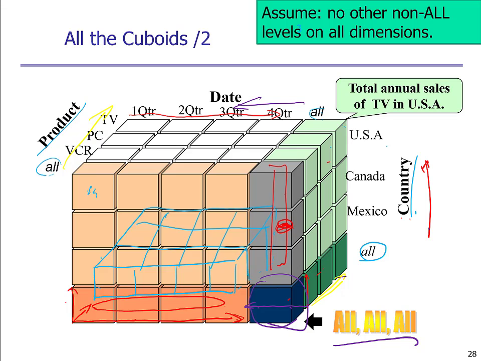So for any cuboid, if we take a cell in it, the cell should represent the measure of, say, different dimensions with different levels. No, this is too abstract. Let me see.